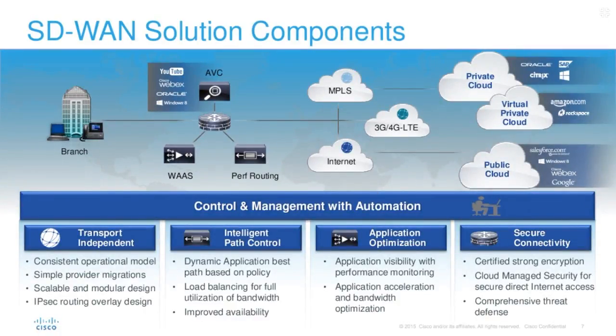But all these SD-WAN systems are really made up of the same type of components. So all of them, first of all, have a control plane, or a software-defined controller that's managing all these devices that are out there. These could be physical routers that have these capabilities built into them, or they could even be virtual routers.